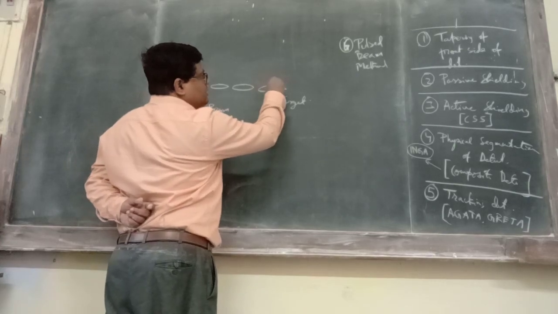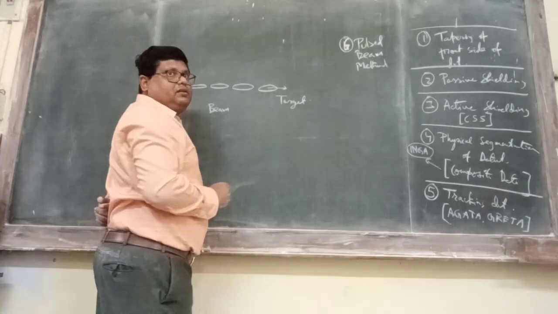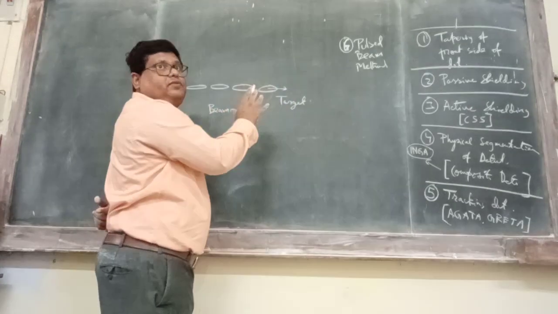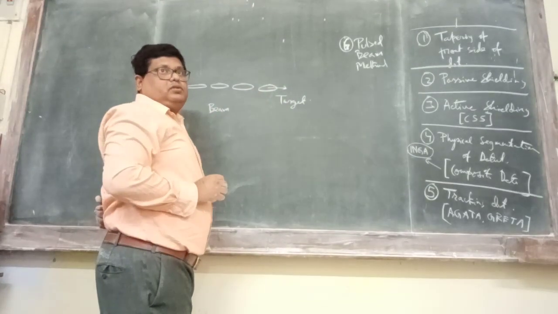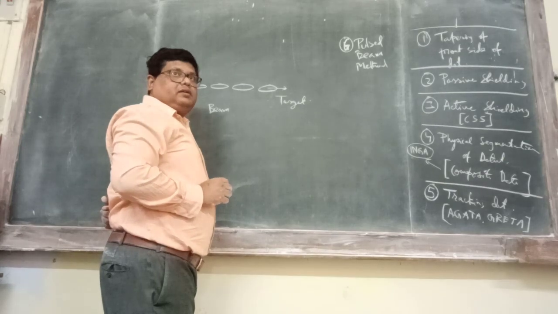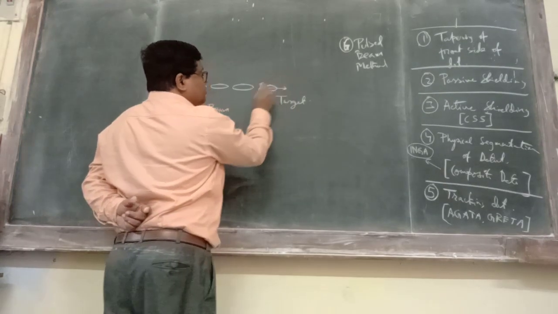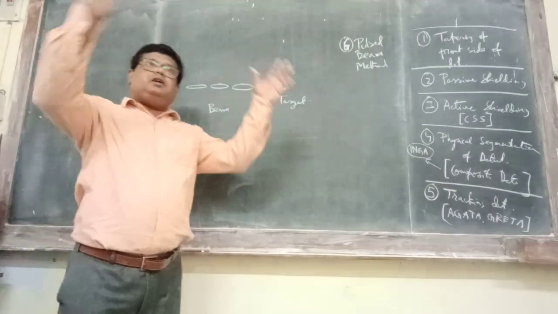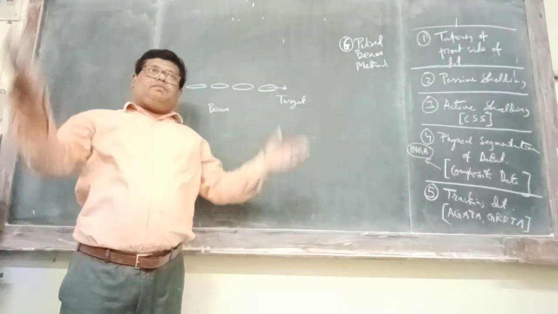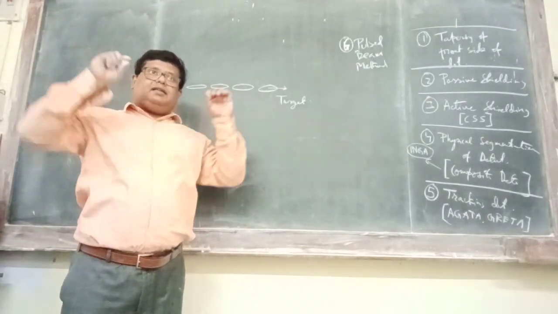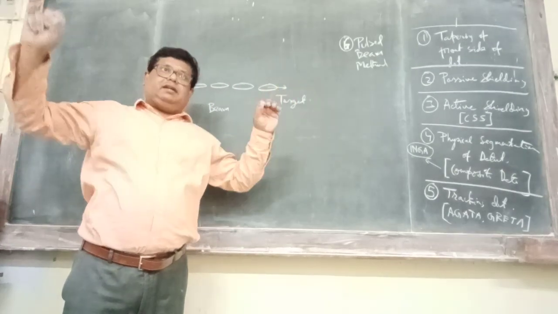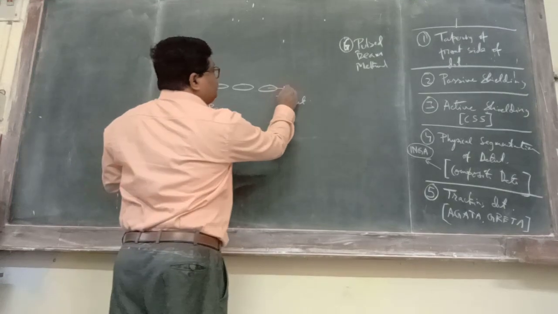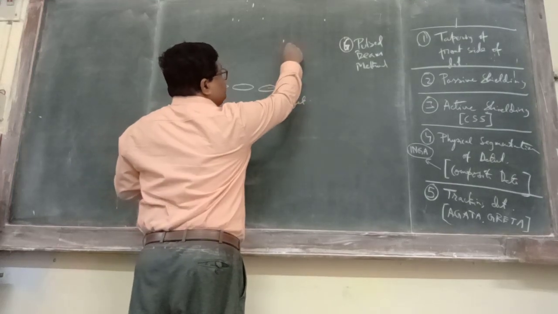After this part interacts with the target, lots of radioactive nuclei will be produced, right? And then what will happen? If this is continuous, they will keep on producing and producing and producing, and then the gamma rays will be getting. Now, remember, some of the gamma rays will be very high.